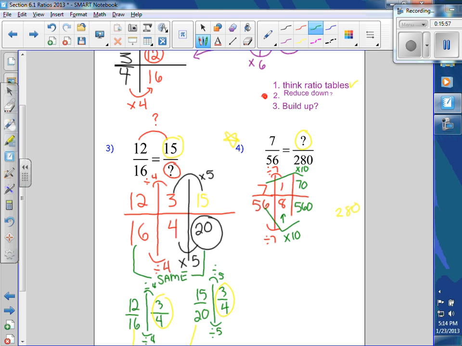Remember, this is a bonus level problem for right now. Now, I can get from 560 to 280. Maybe you've guessed why. Because I can divide by 2. I'm going to divide 70 by 2. And that gives me 35. That's my missing value. That is what is in place of the question mark.